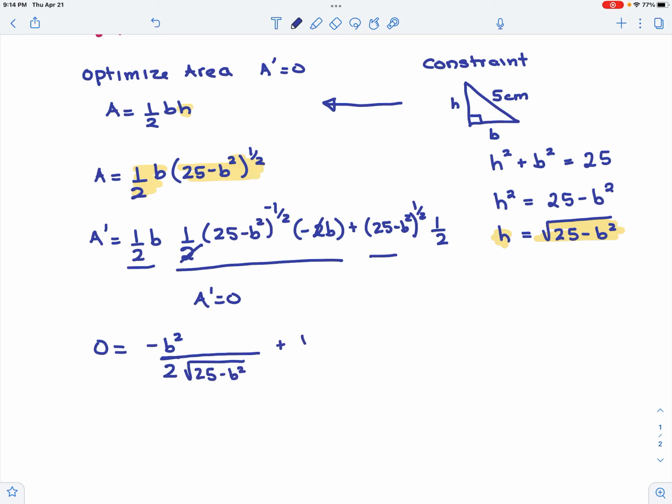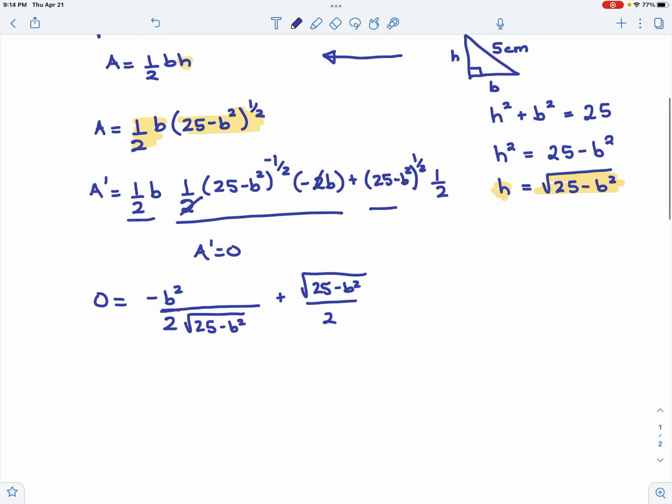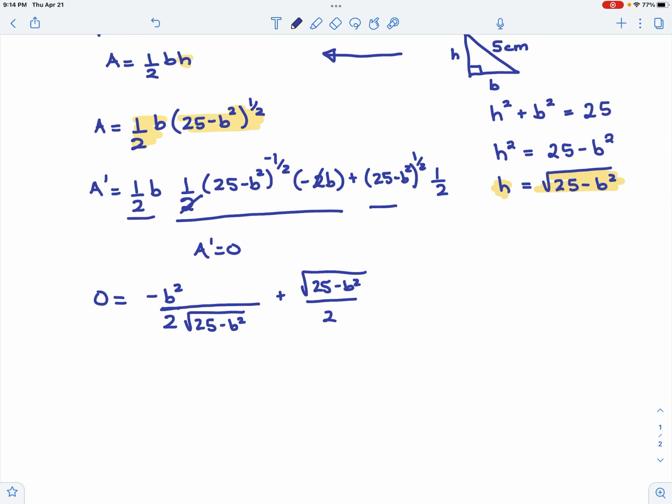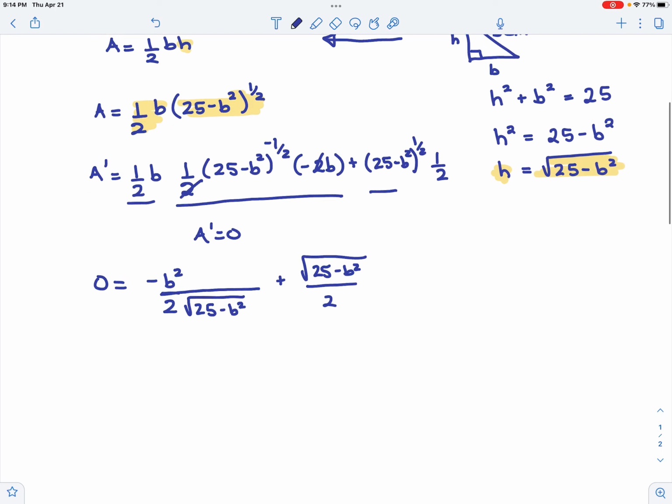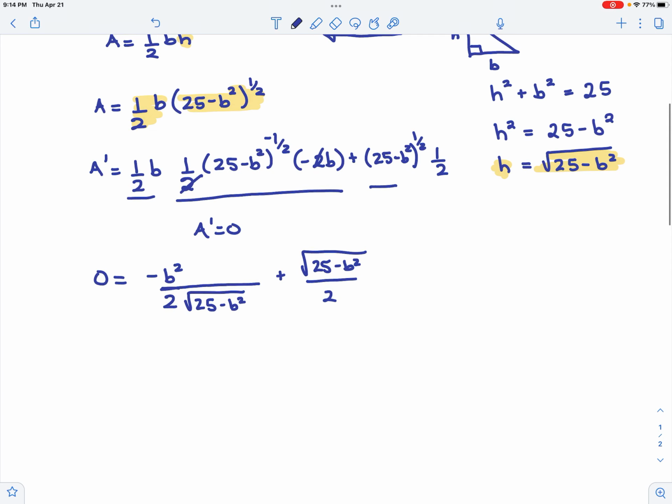And then I have plus the square root, and then over 1/2. So we could just multiply both sides by the denominators here to get rid of them, or get a common denominator and put these together. Either way.